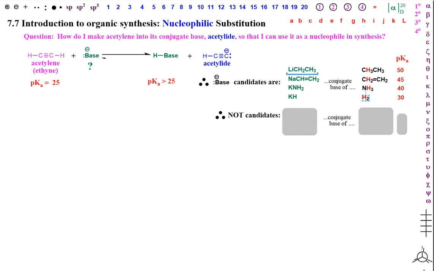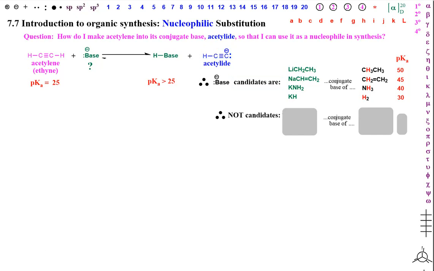They all have a spectator ion listed first, and the anion: ethyl minus, vinyl minus, NH2 minus, and H minus, also known as hydride. These are the bases you can use to make acetylide.